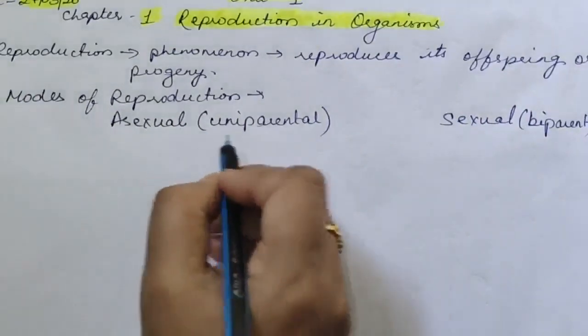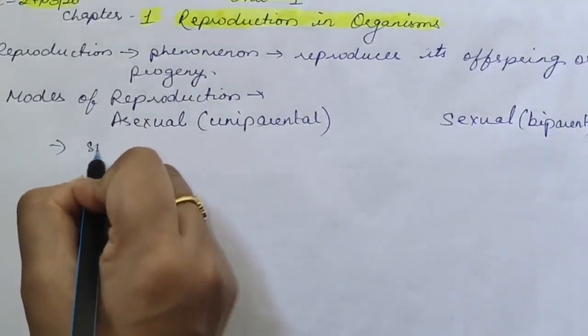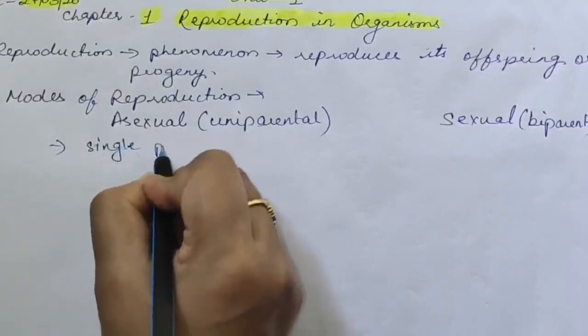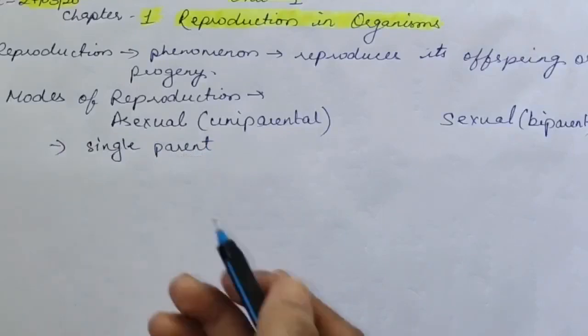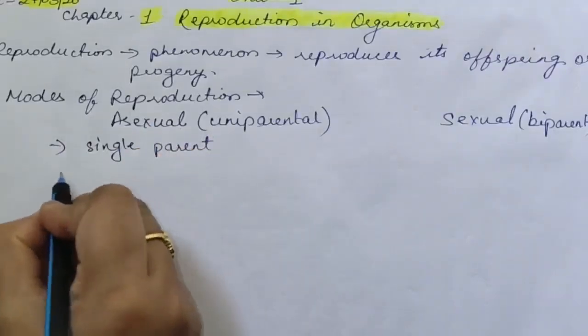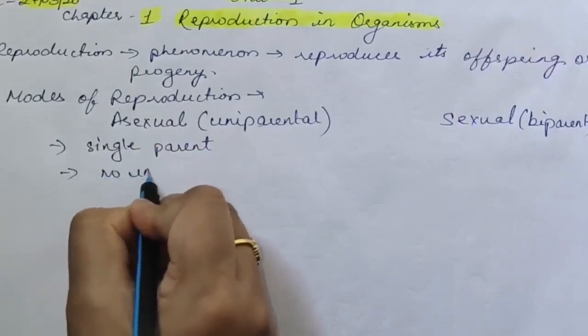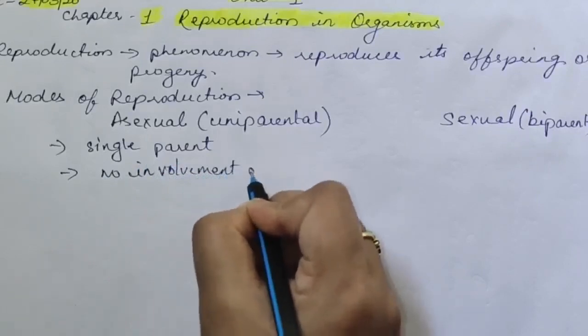Asexual reproduction is called as uniparental because it involves only a single parent to obtain its offspring. If there is a single parent involved in such kind of reproduction, there is no involvement of gametes.